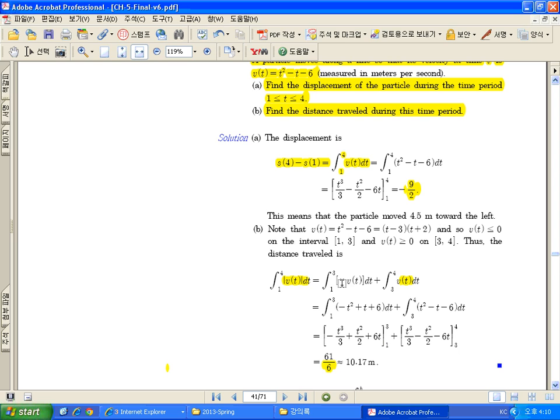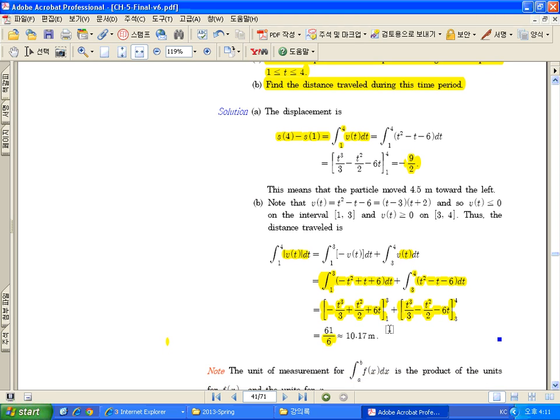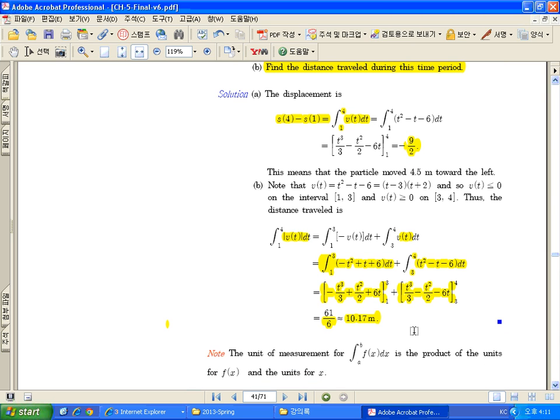So we should give a minus sign on v(t) on the interval 1 to 3, which gives us this, and just the positive value of v(t) on the interval from 3 to 4, which gives us this and this, which sums up to 61 over 6, which is almost 10.17 meters.